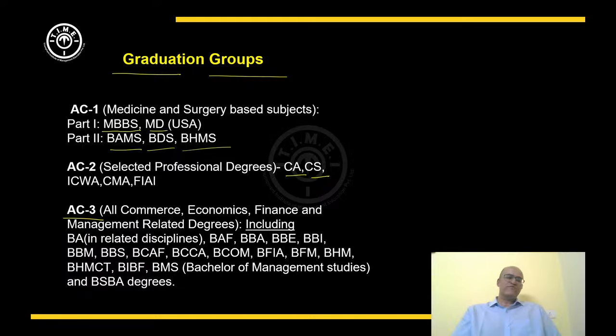So from AC1, the cream will be taken, AC2, AC3, and so on. Now the question is, sir, will they only shortlist these people? Not really. First, they will take the top 5% or top 100 of these students from each of these groups.